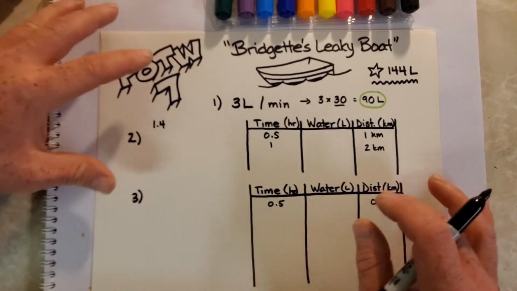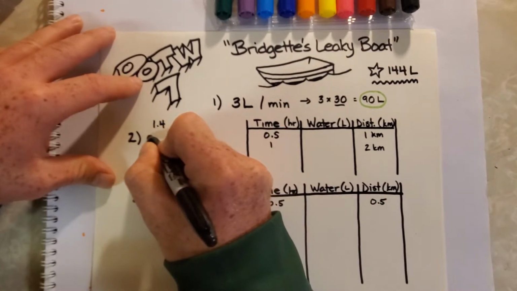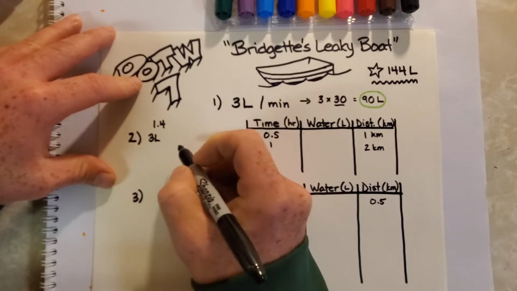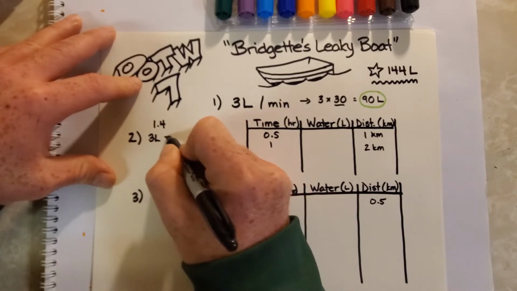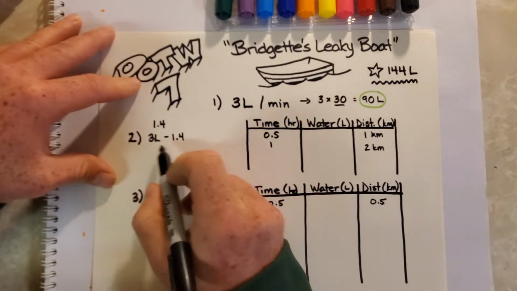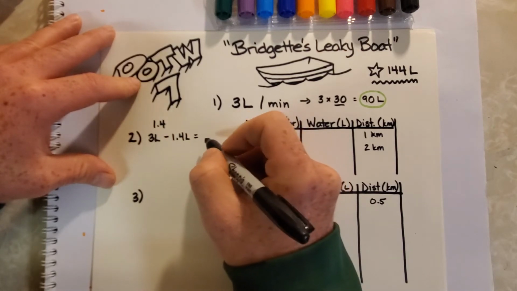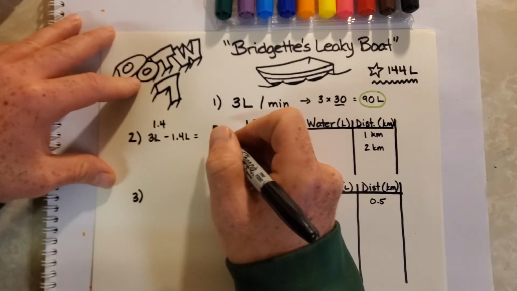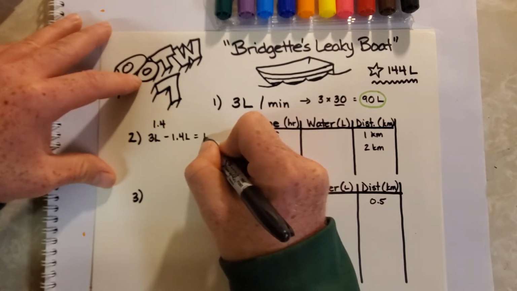Well, this is some simple subtraction. In 1 minute, we know that there are 3 liters, and if she's bailing out 1.4, we're just going to subtract that number from 3. So 3 minus 1.4 liters leaves us with 1.6 liters remaining.